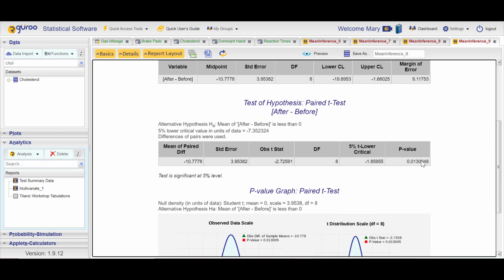Looks like we got 2 negatives. So negative 19.9 and negative 1.7, and our p-value is 0.0130. We've got a 5% significance level.